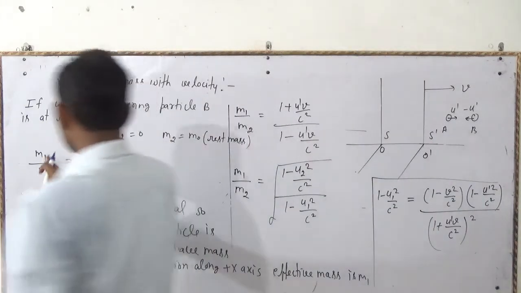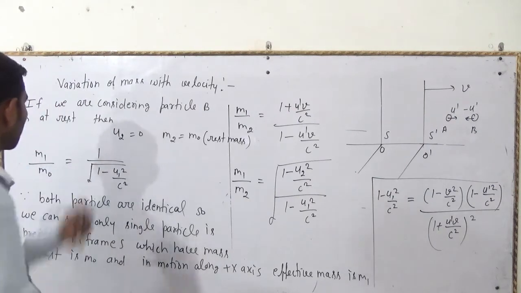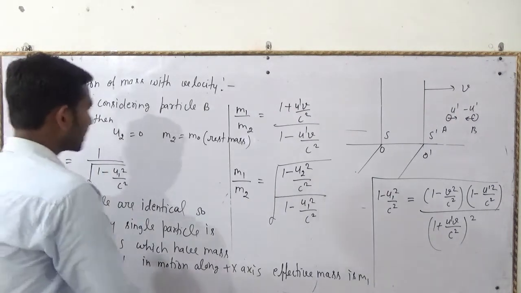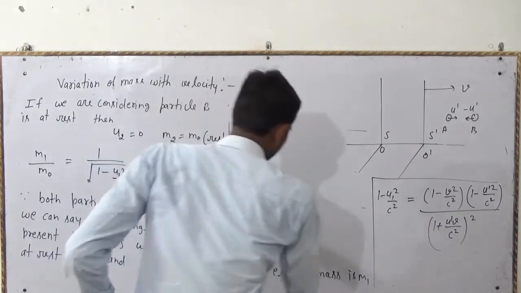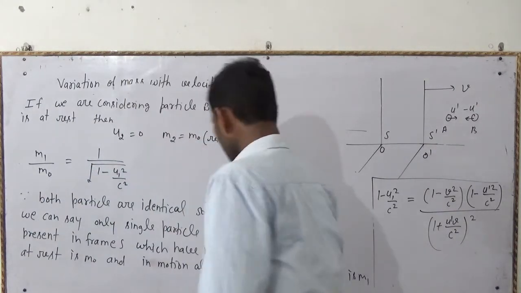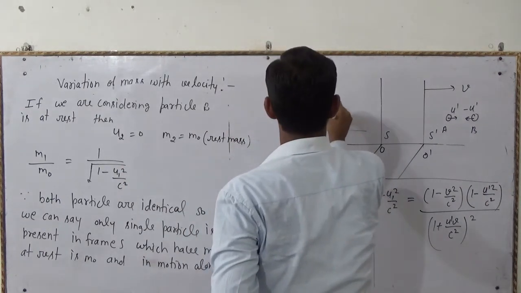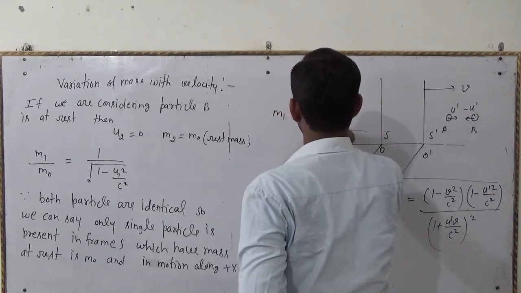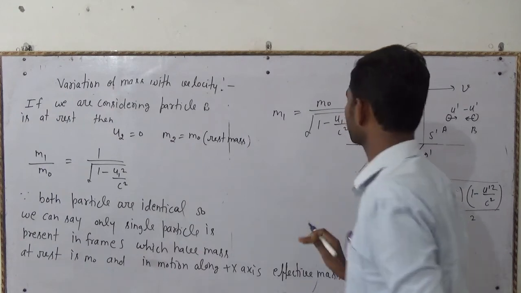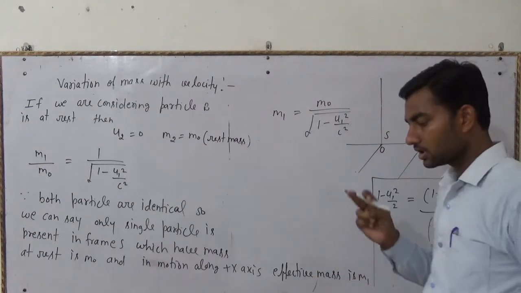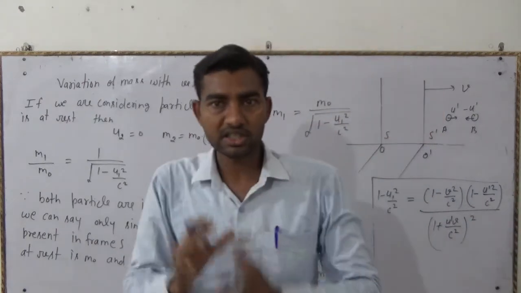So here we can write m1 is equal to m naught upon under root 1 minus u1 square by c square. Friends, we want to repeat my concept.